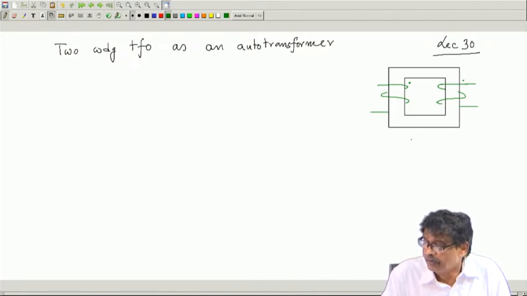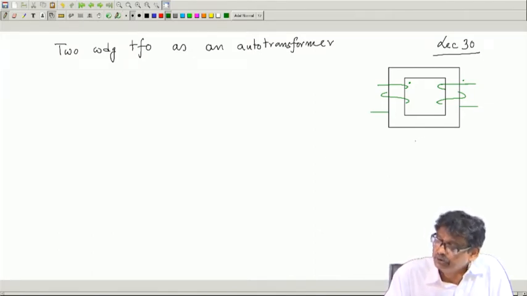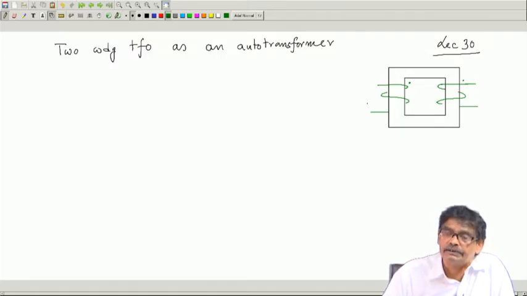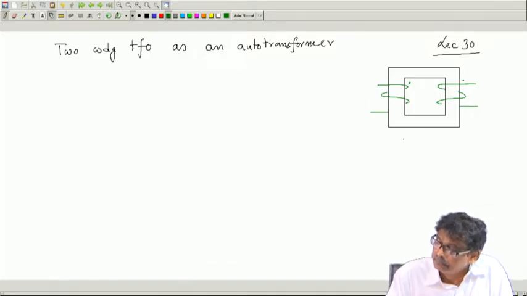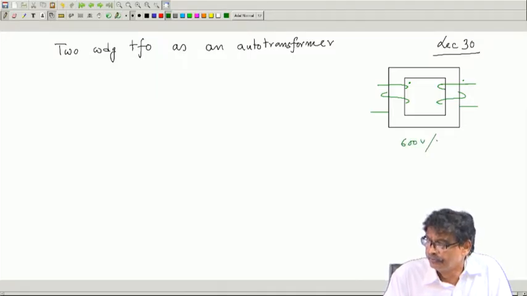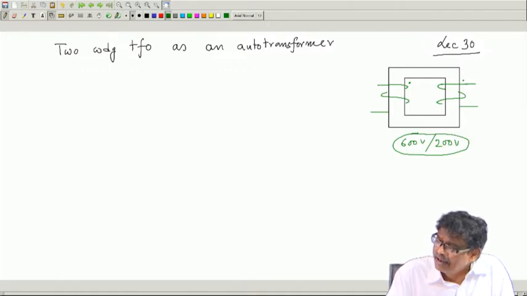And suppose for easy calculation I will assume that the voltage rating of the transformer is say 600 volt by 200 volt, and the kVA is say 12 kVA.